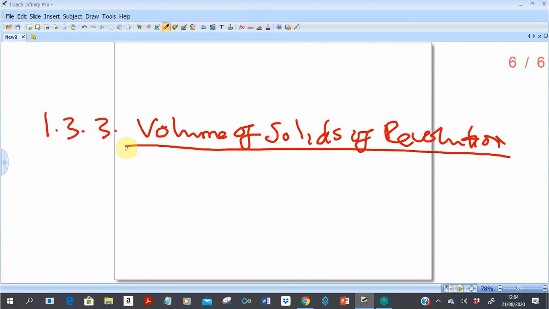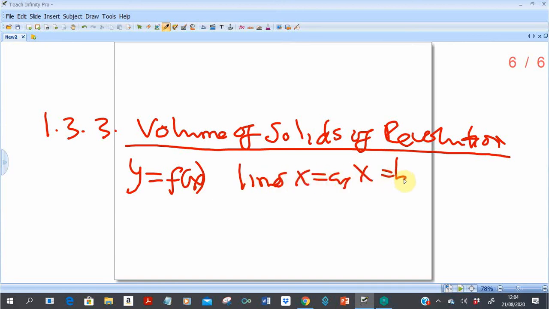Volume of a solid generated by revolving the area of the curve y is equals to f of x, and the lines x is equals to a and x is equals to b about the x-axis.